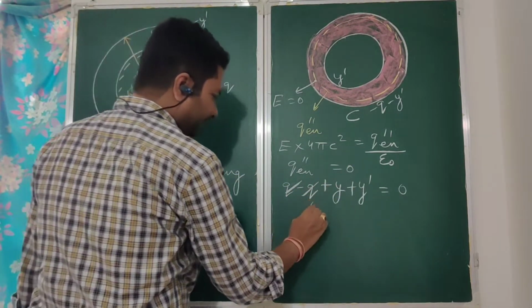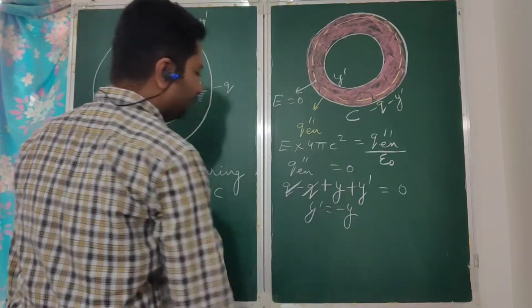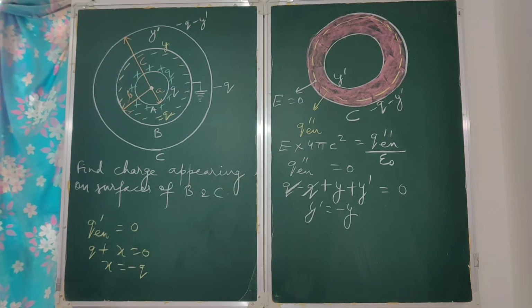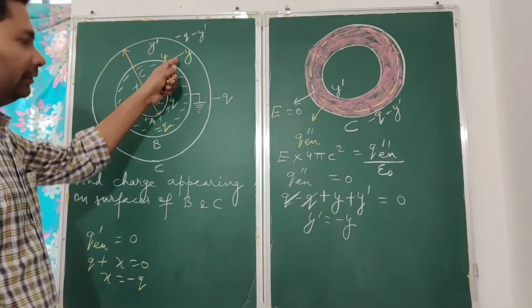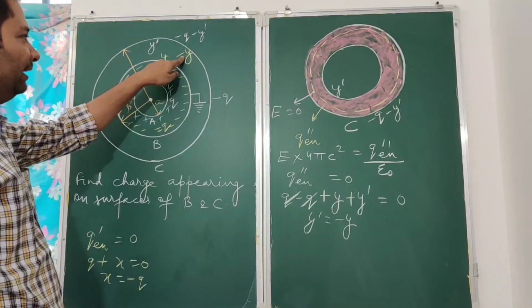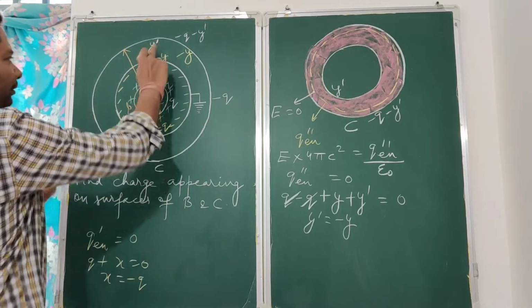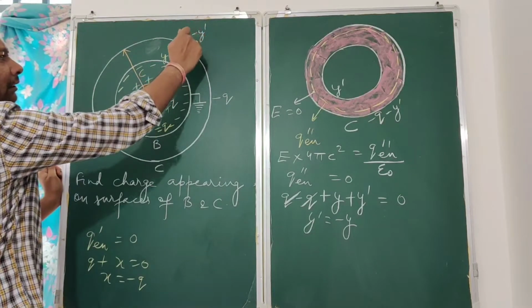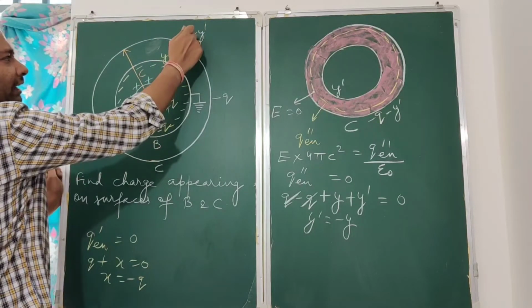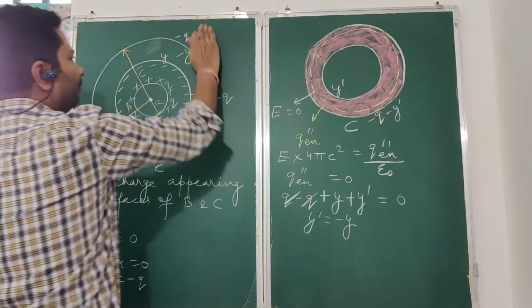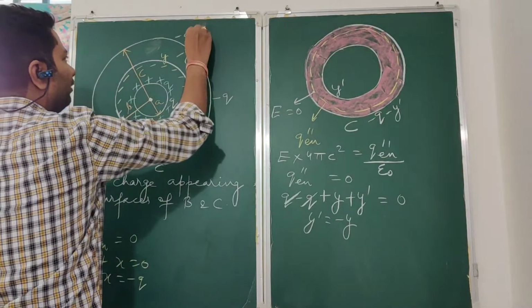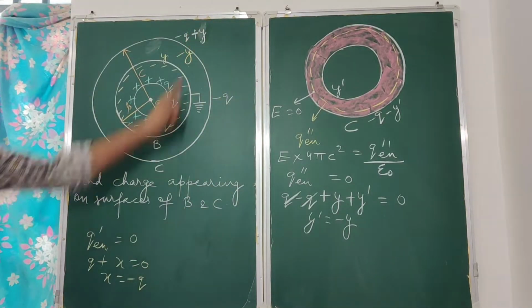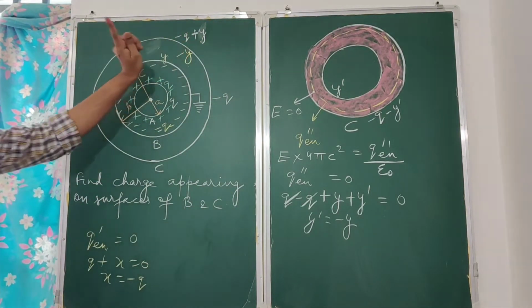So what do you get y dash as equal to? You get it as minus of y. We can keep the charge distribution as minus y instead of y dash. We can remove it. And here again, if you substitute minus y, it will become minus q plus y, so that the net charge still remains minus q.